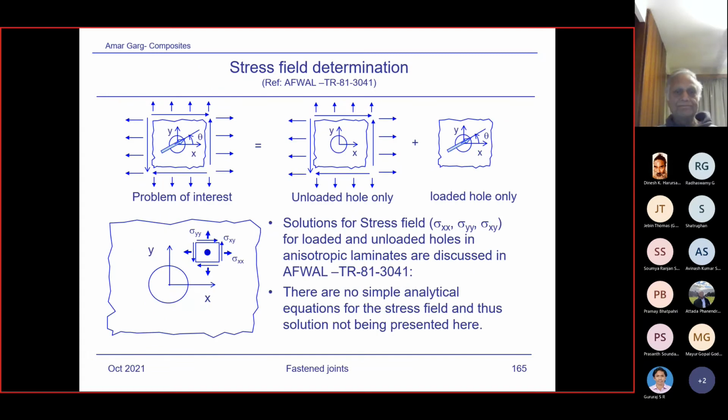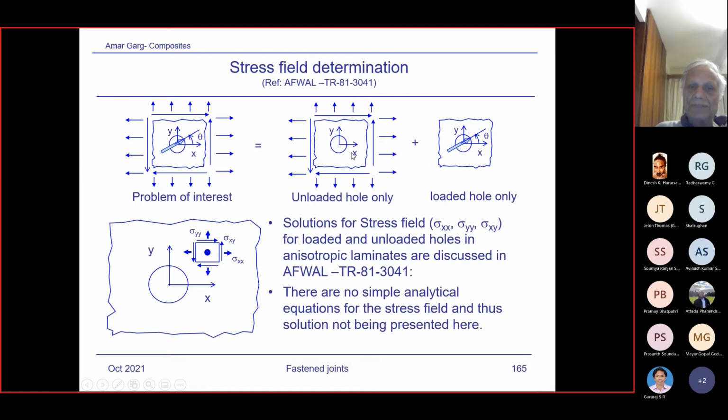Okay, so the method, I won't go into the details again. I'm just explaining how Garbo and Ogonowski developed the method. So this is a problem of interest. We have a load, and this is one element where I have shown the loads. So this is equivalent to this bypass plus bearing.